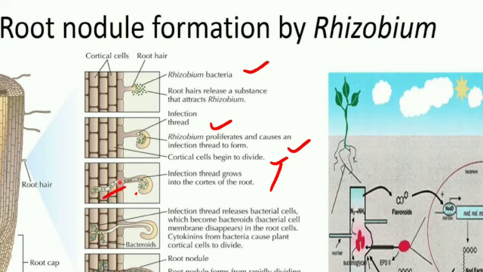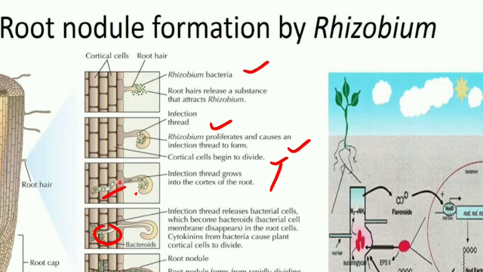Then the infection thread releases bacterial cells. That means whatever bacteria are present in the infection thread are released into the cortical cells of the roots.